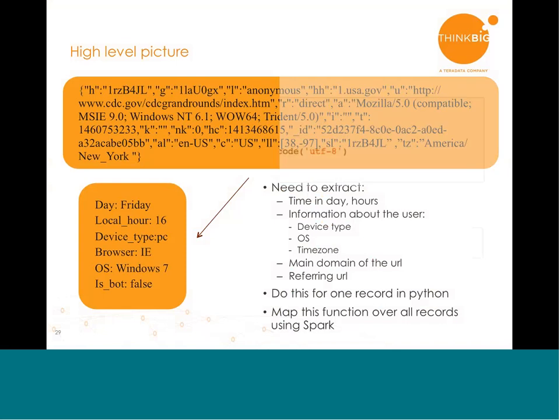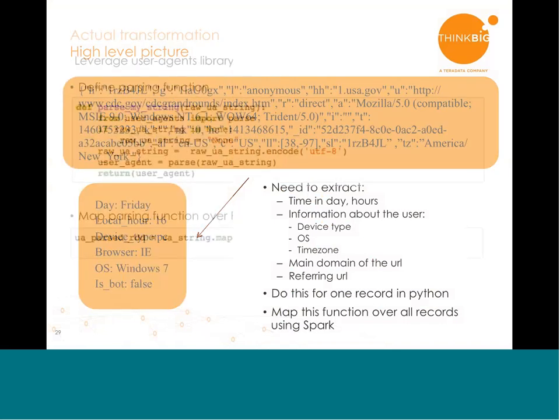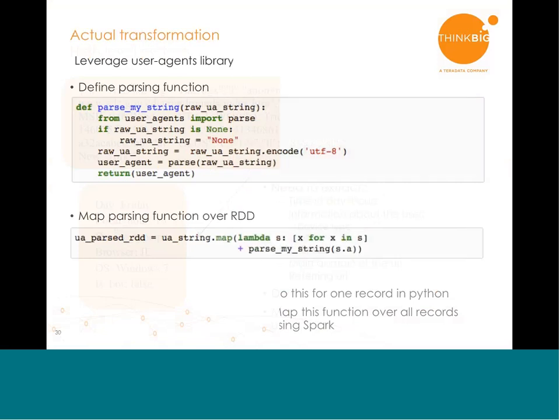So the actual transformation uses this external library called user agents. This is what the parsing function looks like. We import this external library, and then we do some transformation to put the string into the proper encoding, and then we just run the function to parse this string. And that will give us back information about the user agent generated from this library.